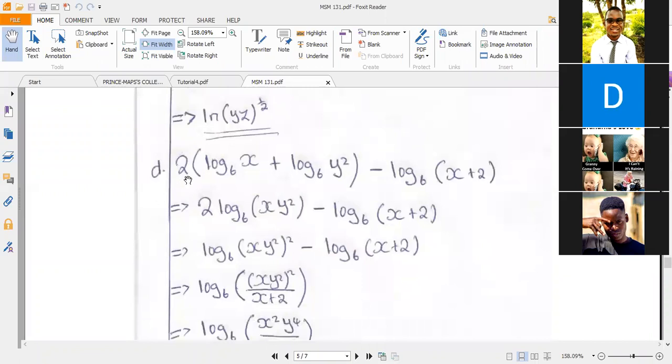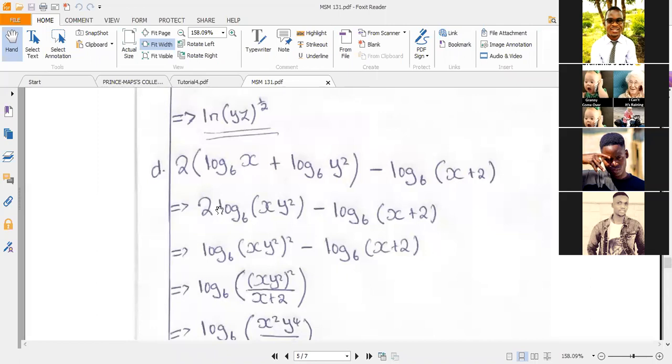So we have 2 log 6 x plus log 6 y squared minus log 6 x plus 2. Same base, so what do we do? We multiply since we are adding. So we have 2 log 6 of xy squared minus log 6 of x plus 2. At this point, we get the 2 and raise xy squared to the power 2.